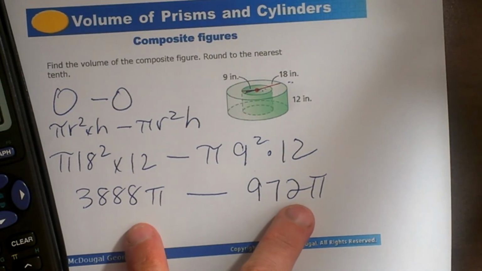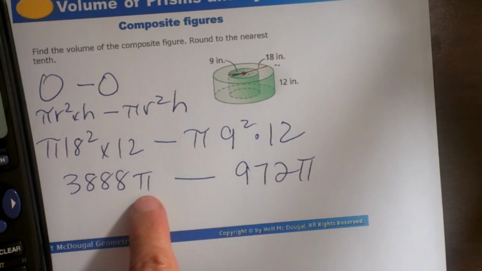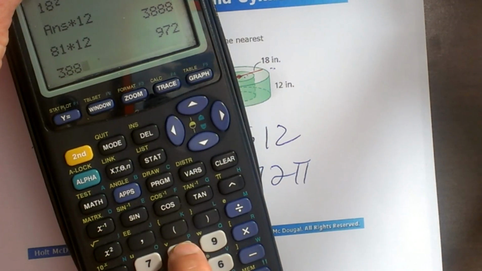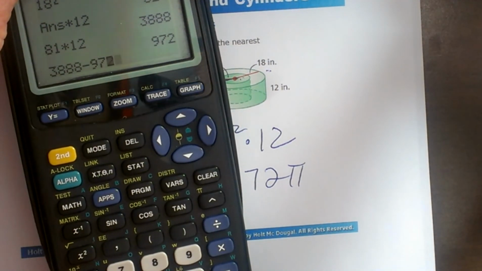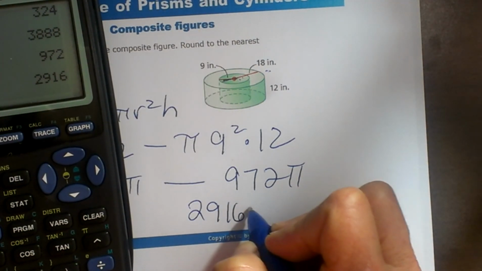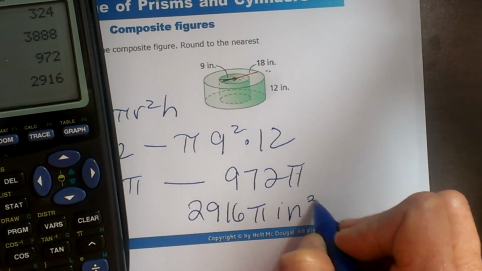Can I subtract these? And the answer, I hope you're saying, is yes, you can, because they both have a pi with them. So 3,888 minus 972 is 2,916 pi. Don't forget your pi, inches cubed.